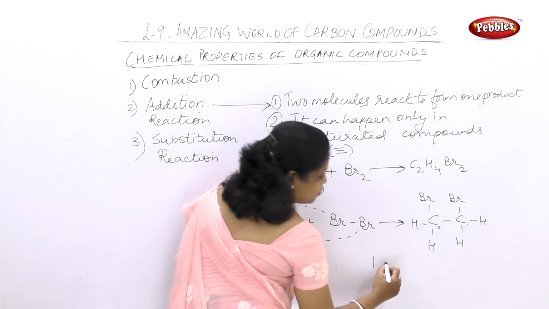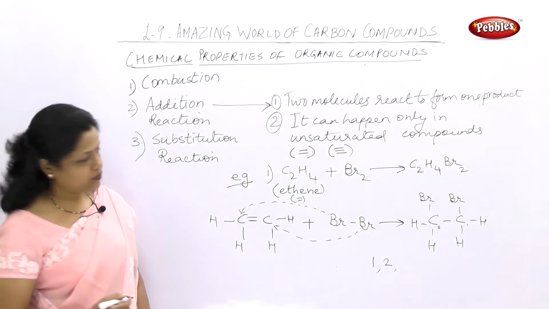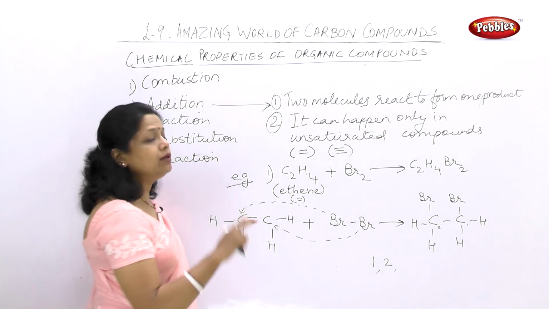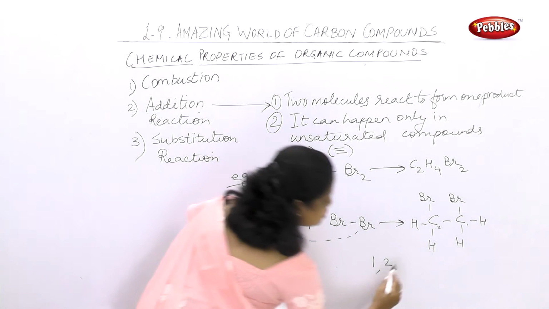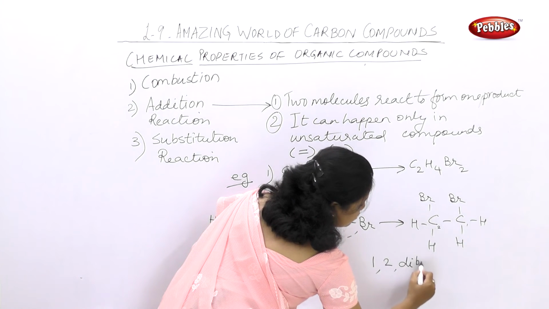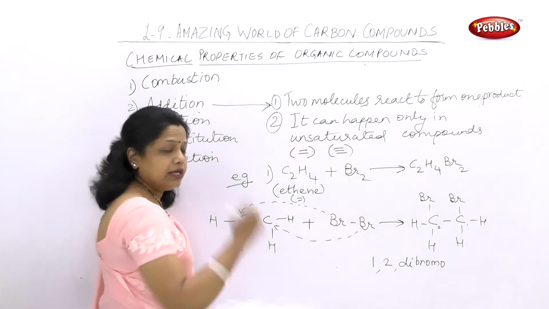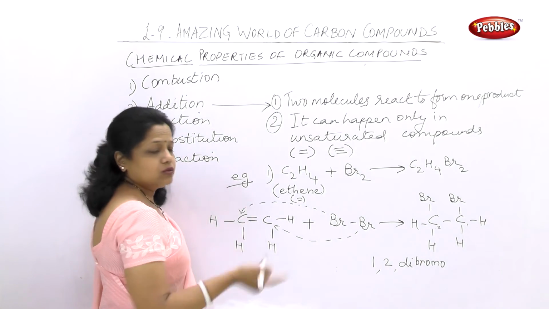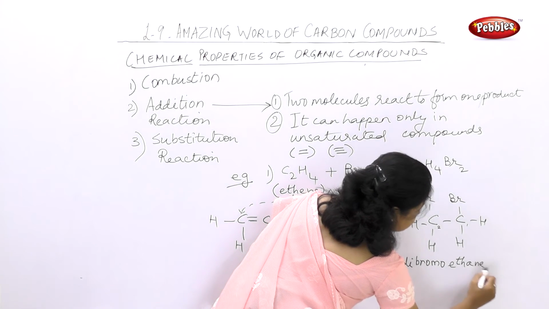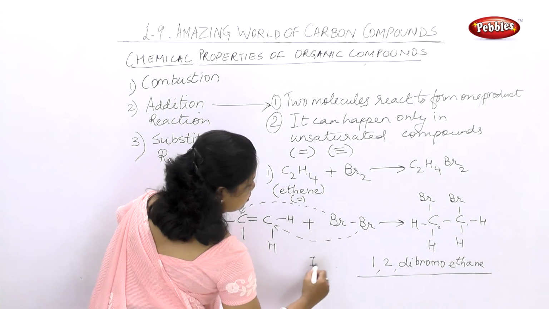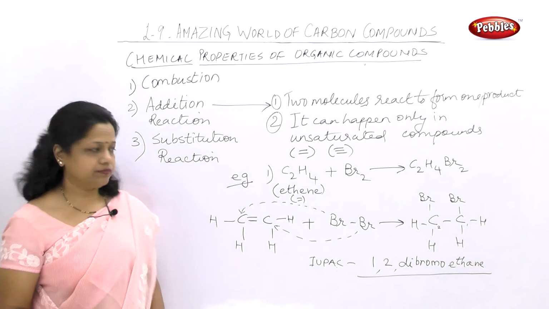Second carbon also, bromine is added, so I have written 2. 1, 2. Now how many bromine atoms are there? 2. So I can write dibromo. And what was the root name? It was ethane. So the root name is ethane. So this is the IUPAC name of the new compound formed after the addition reaction.